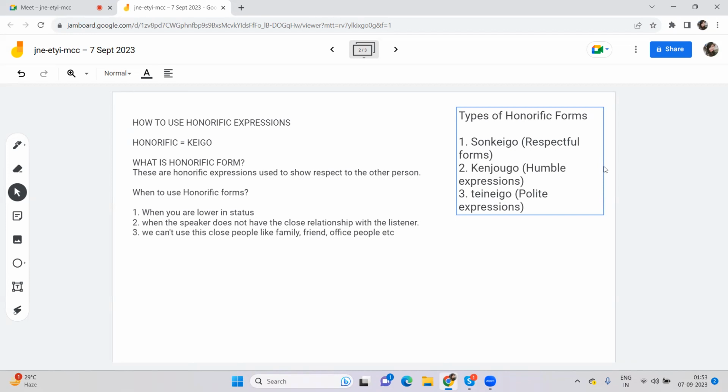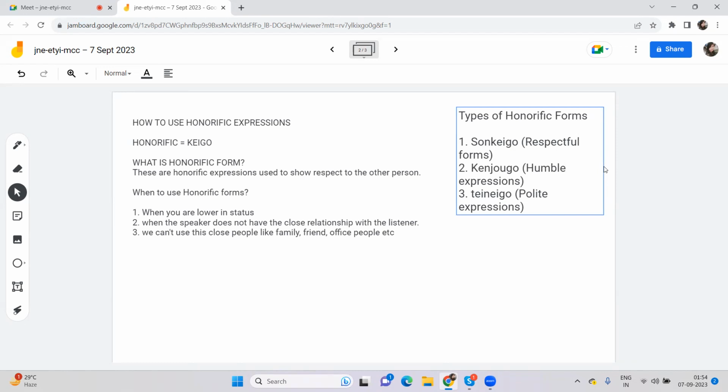Sonkeigo, respectful forms. Kenjougo, humble expressions. And Teineigo, polite expressions. Sonkeigo means respectful forms: you are putting the other person up, and in that way the person automatically gets respect. Kenjougo means that instead of putting the other person up, you are putting yourself down.